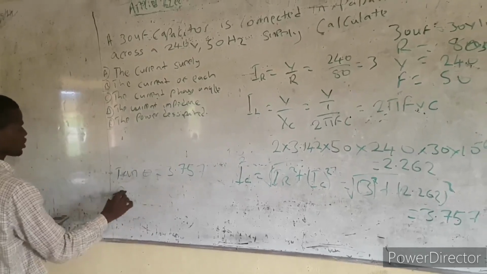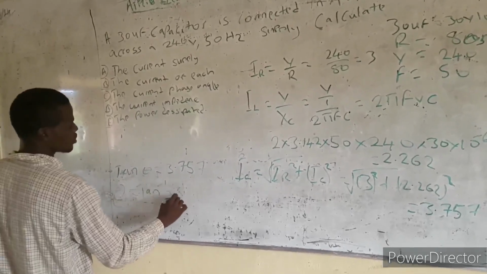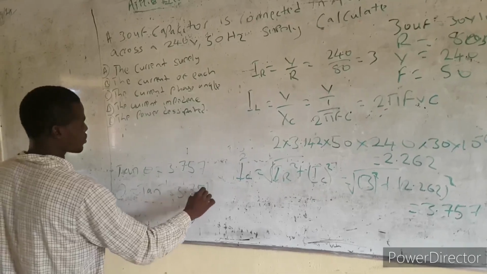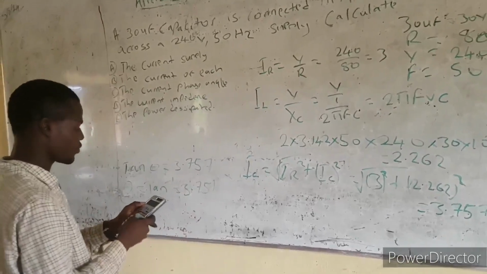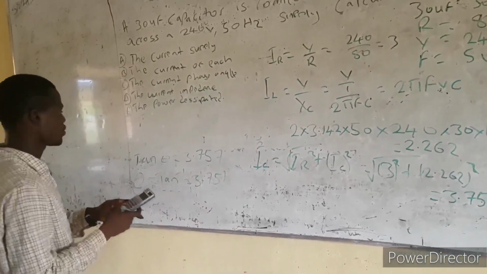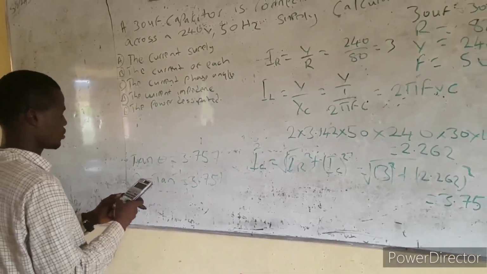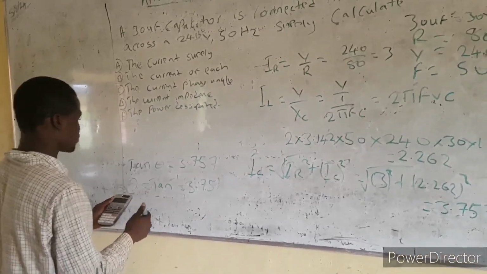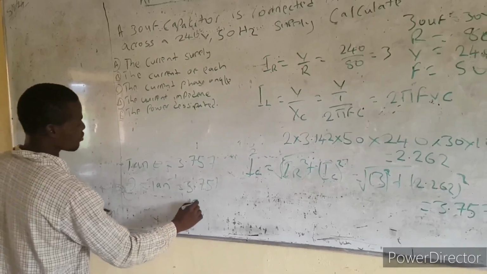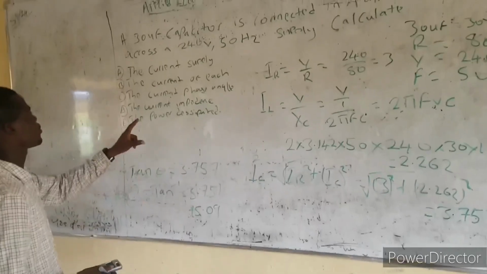Theta is tan inverse of 3.757. If you want to take tan inverse in your calculator, you press shift tan, shift tan 3.757, which equals 75.09.